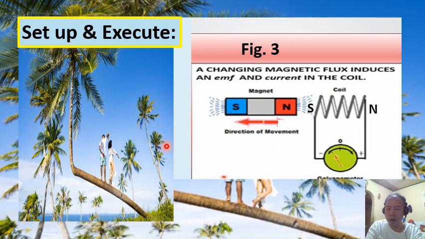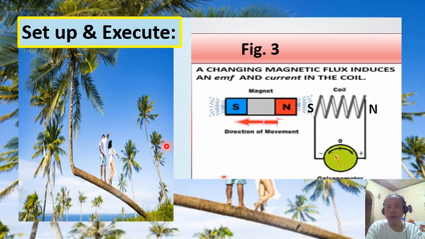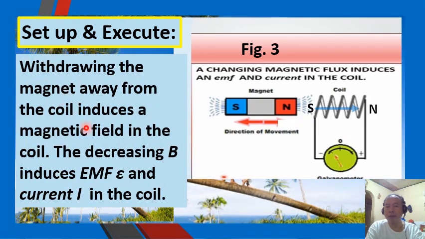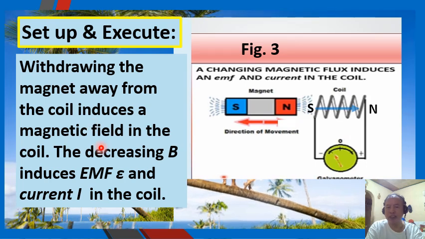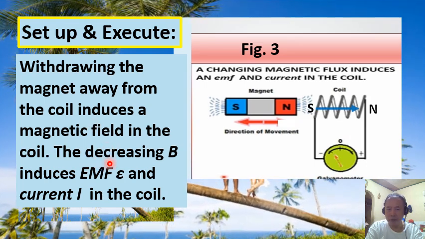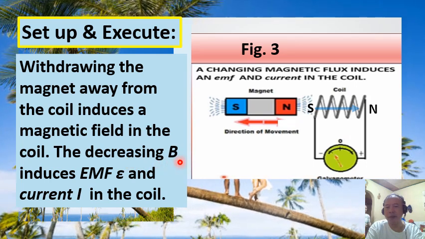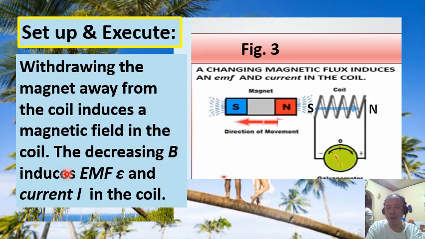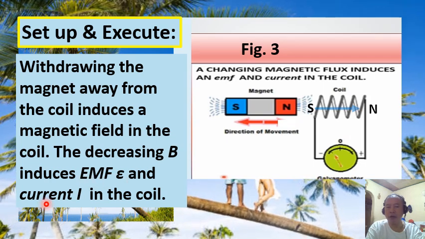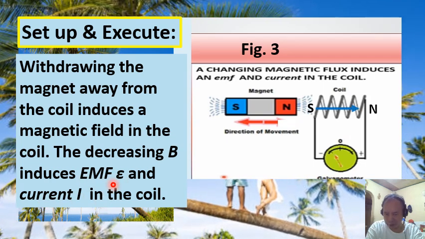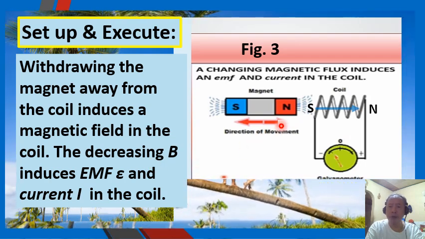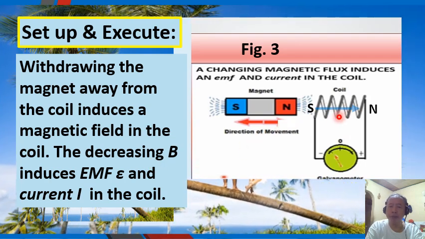So according to Faraday, withdrawing the magnet away from the coil induces a magnetic field in the coil. The decreasing magnetic field, capital B, induces the EMF epsilon and also the current, capital I, in the coil. How does this happen?